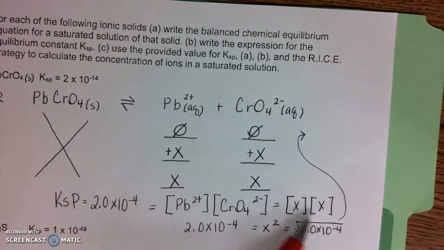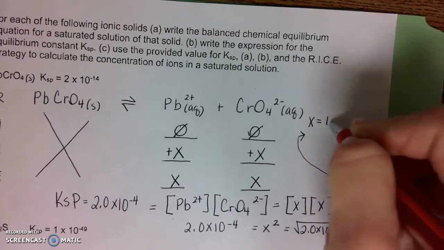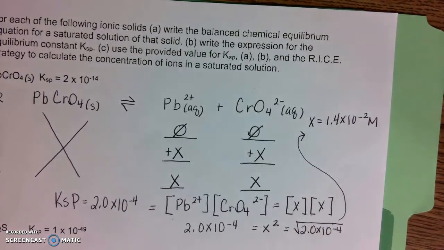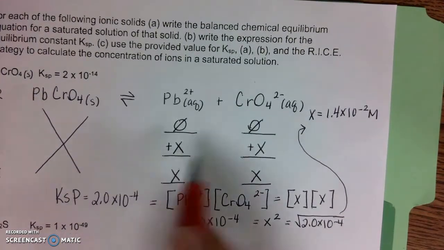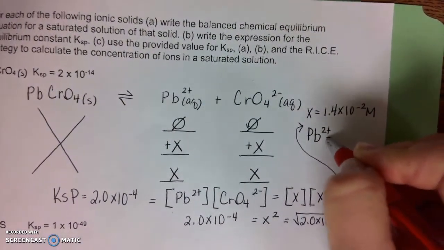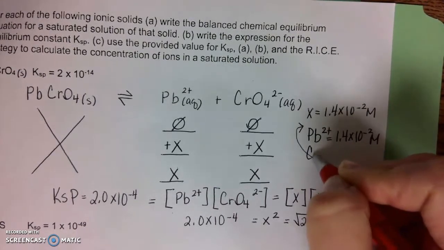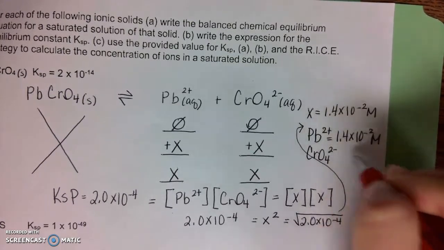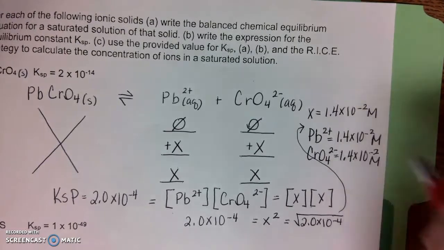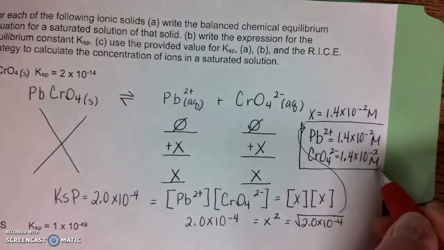So x is equal to 1.4 times 10 to the negative 2nd molarity, which now I can properly write as both of these aqueous ions: Pb2 plus equals 1.4 times 10 to the negative 2nd, as well as CrO4 2 negative equals 1.4 times 10 to the negative 2nd molarity. So I'm going to box that in since it had to be rerouted up there.